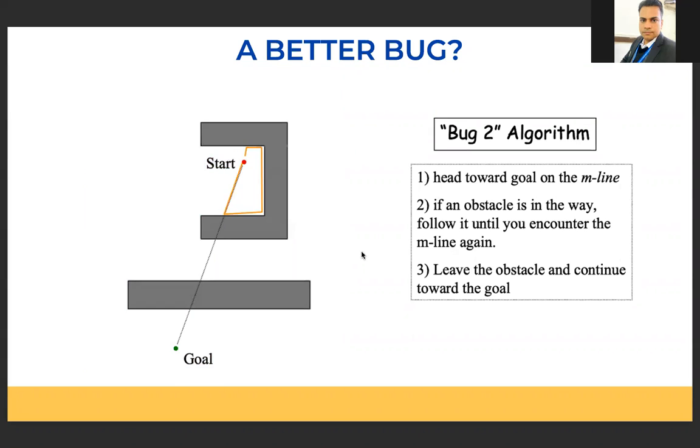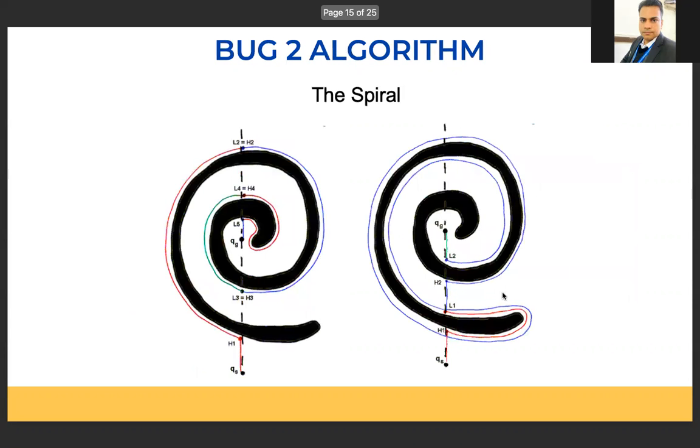So the Bug 2 algorithm, while it's simpler and travels a lesser distance, does not guarantee completeness. Let's look at this obstacle configuration known as a spiral. This is the start, and this is the goal location.